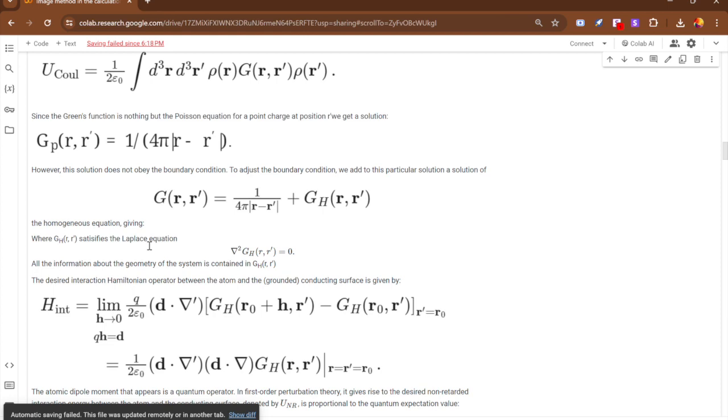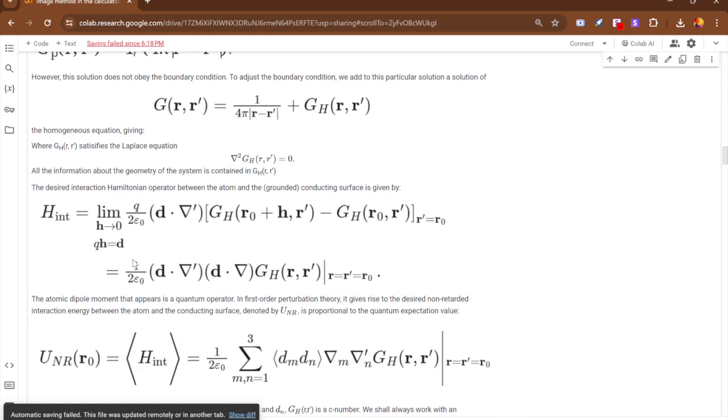All the information of the geometry of the system will be contained in this G_H term. The desired interaction Hamiltonian operator between the atom and the grounded conducting surface is given by this expression, which when we simplify, we get the below equation.